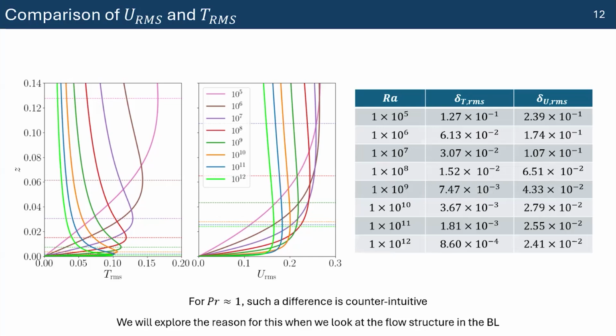And note that we are running our simulations at a Prandtl number of the order 1. So for Prandtl number of the order 1, we normally expect both the boundary layers to have similar, comparable thicknesses, but that's not what we see over here. So why there is this difference in the boundary layer thickness at Prandtl number unity is another interesting question that we'll look at in the upcoming slides.